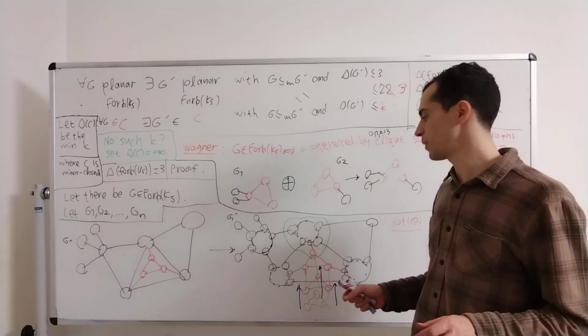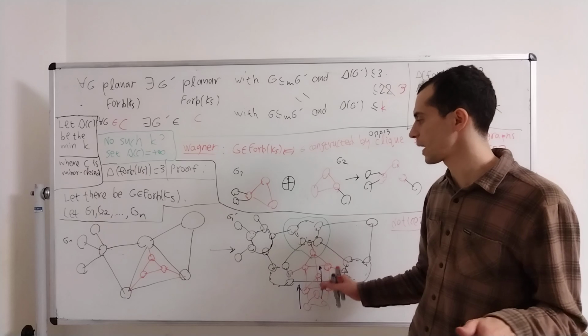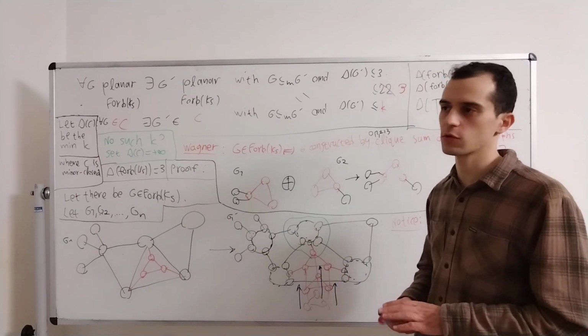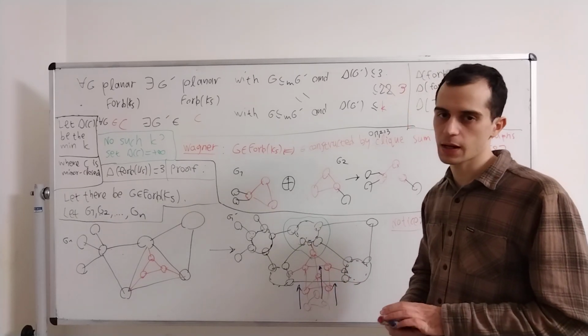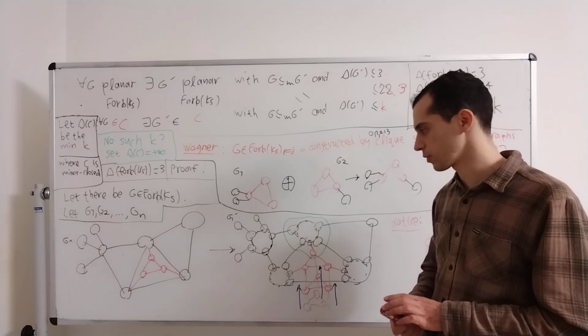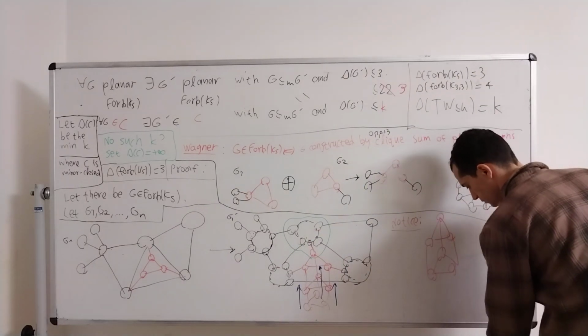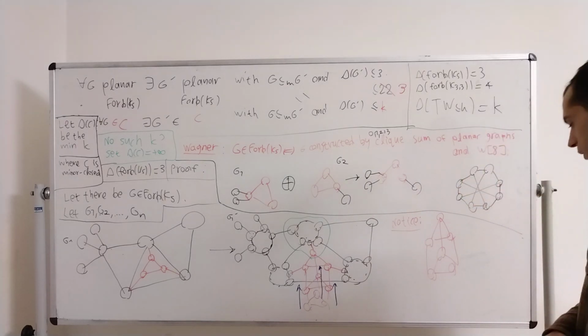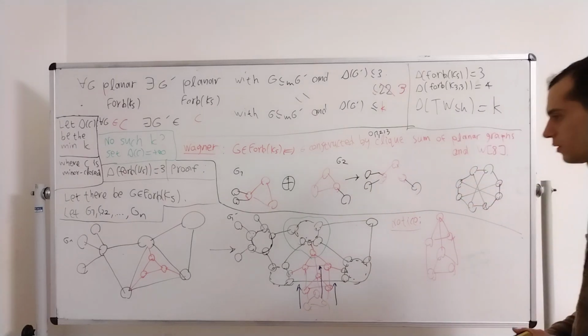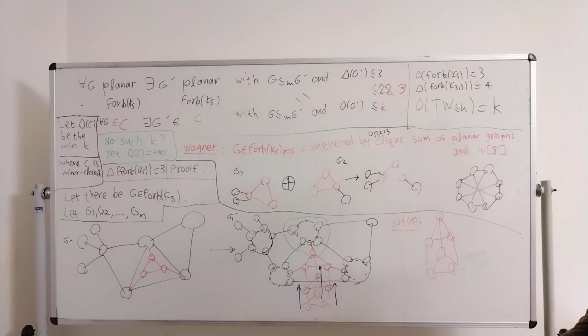You should be able to believe me that we can get a graph that has maximum degree 7 or something, and with some tweaking around, we can reduce this down to 3. So this is the proof that delta of 4K5 is equal to 3.